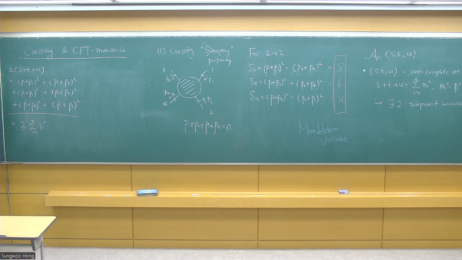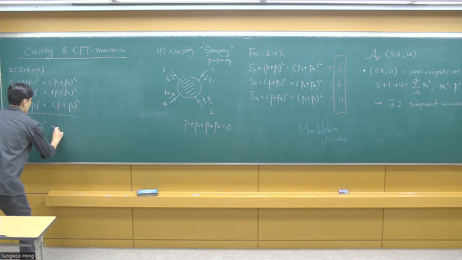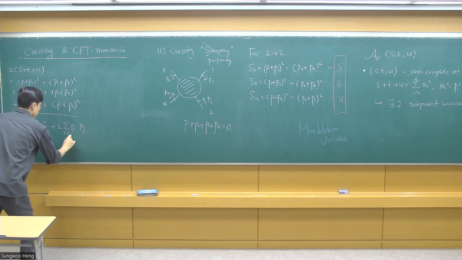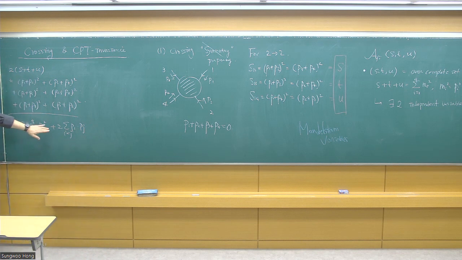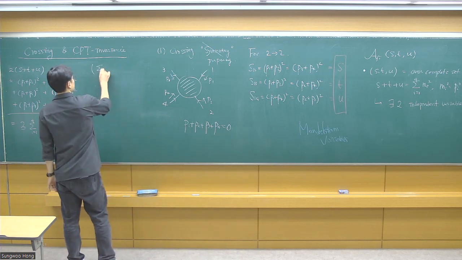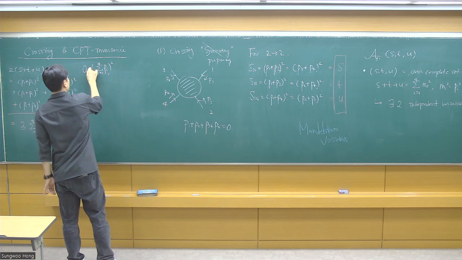And then there are cross terms: 1, 2, 3, 4, 1, 3, 2, 4, 1, 4, 2, 3. That's the complete combination of 2 times Pi dot Pj, where I'm just summing over this, not including the combinations that have the same i, which is already taken into account. Okay? On the other hand, by momentum conservation, the sum over Pi squared is 0.